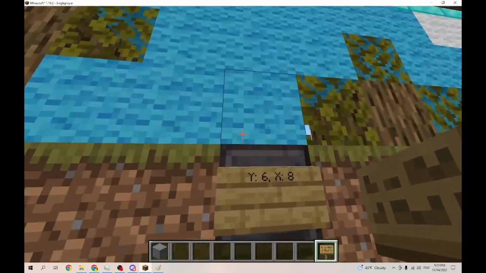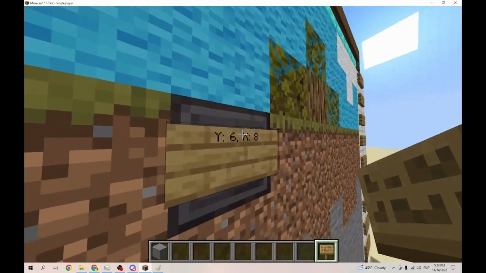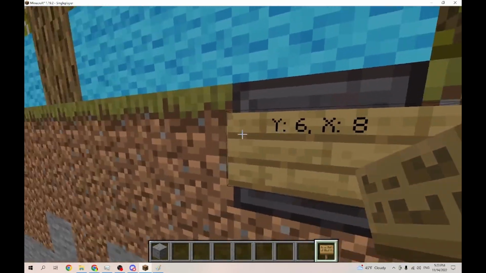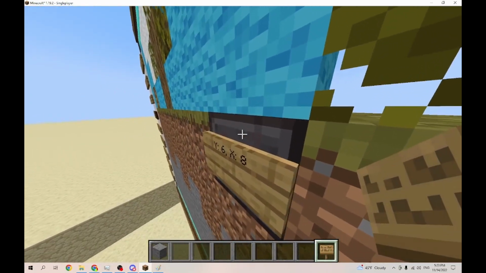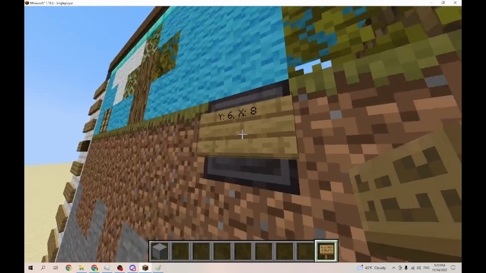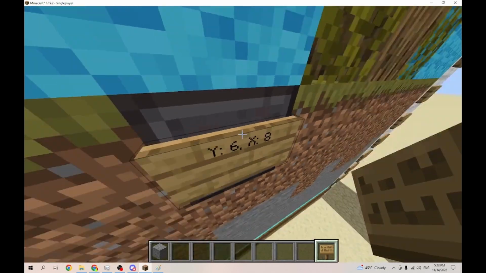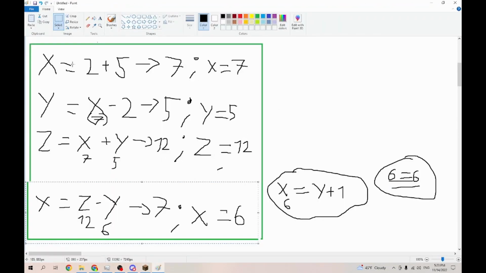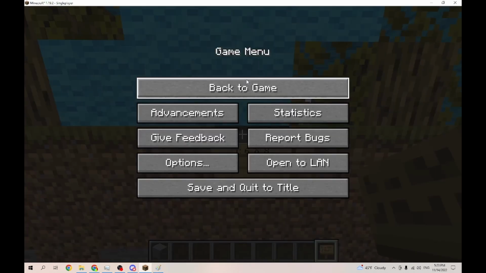And these are variables. The y is a variable. This block holds the variable of a coordinate: its y is equal to 6, and its x is equal to 8. And if you still don't understand how the variables work, I'm gonna list a video in the descriptions because you are gonna need to understand the way variables work.